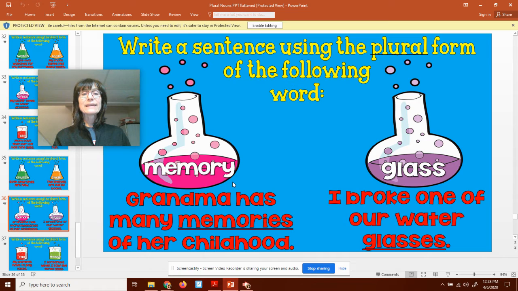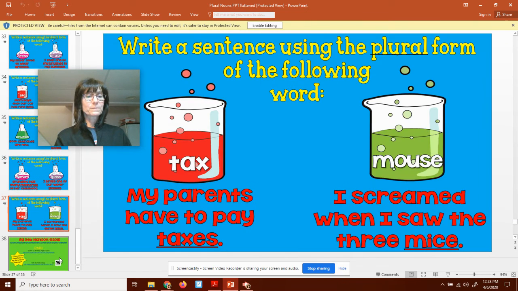Drop the Y and add IES. Glass becomes glasses. Parents have to pay taxes. The X tells me I need to add an ES. A mouse. And let's hope you don't have very many of these in your house. I screamed when I saw the 3 mice.